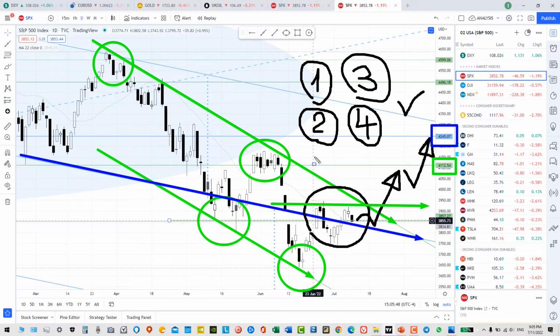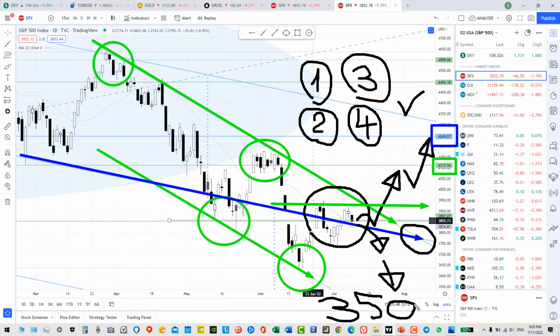If the market did not give these required conditions for a valid confirmed correction, the outlook will be continuing on the negative side, and any break once again below the channel line, the weekly channel line, will indicate the resume of the impulsive wave to the downside, targeting much lower levels, maybe around the psychological level near 3,500 levels.